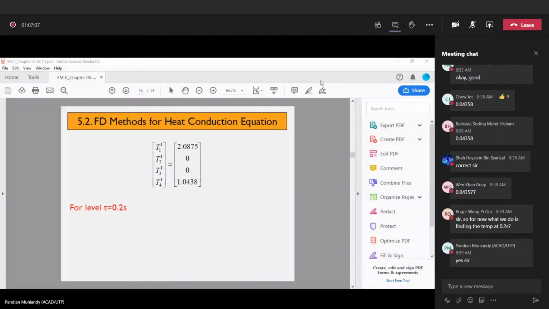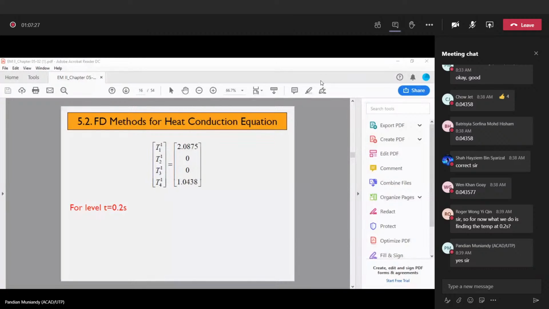Now you can calculate at I is 3. I is 1 is already done, it is the T subscript 1.